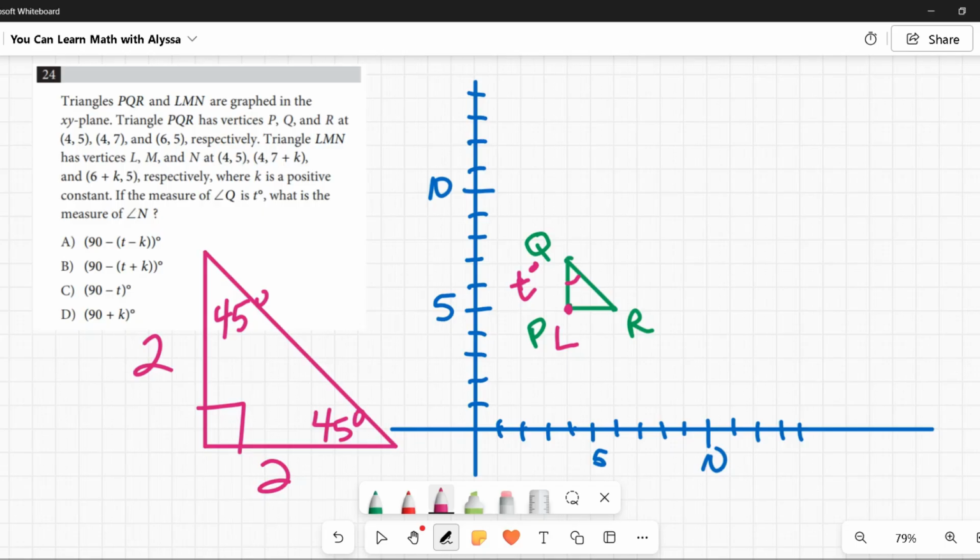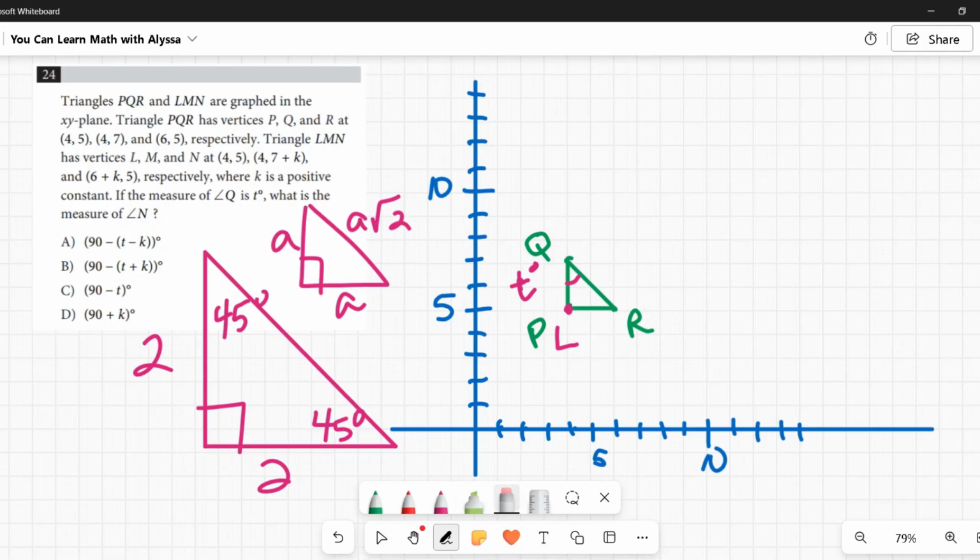This is that little pattern you learned, I'm hoping: the square root of 2 for the hypotenuse. That is available as a reference on the SAT, but I always advise learning it so you have it in your head and know to look for it. So it's a 45, 45, 90 right triangle.